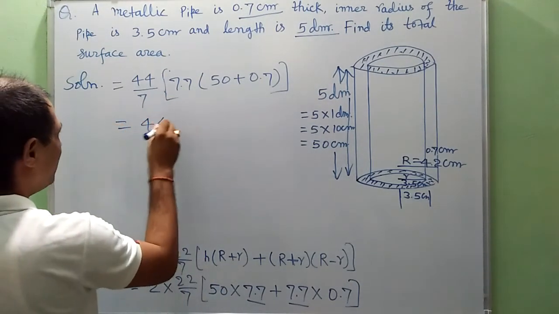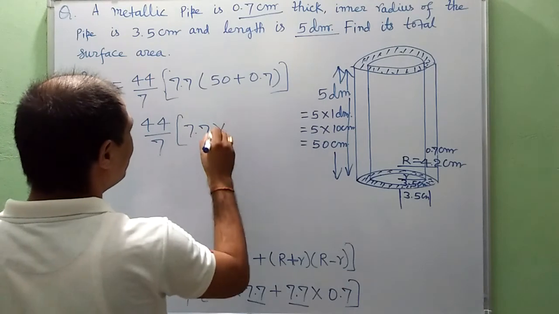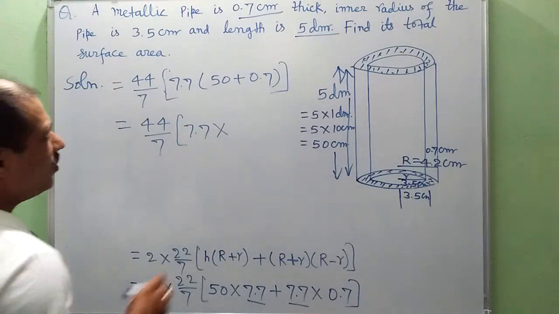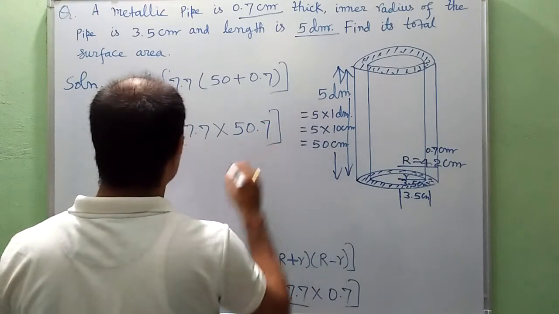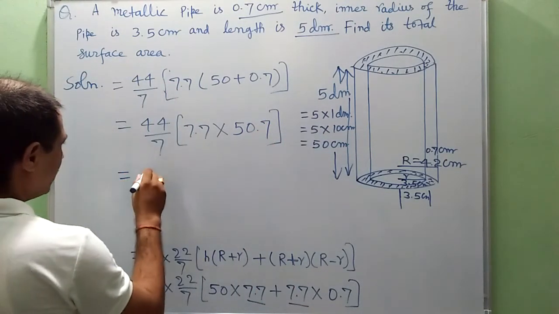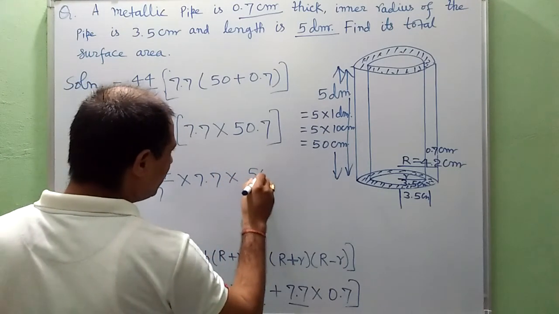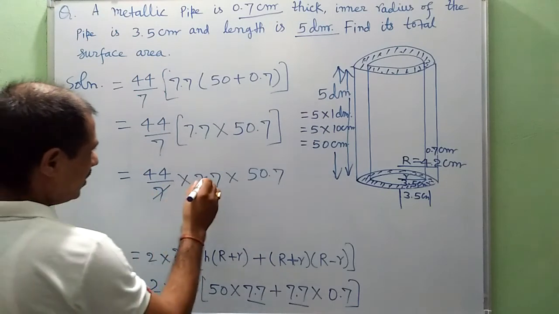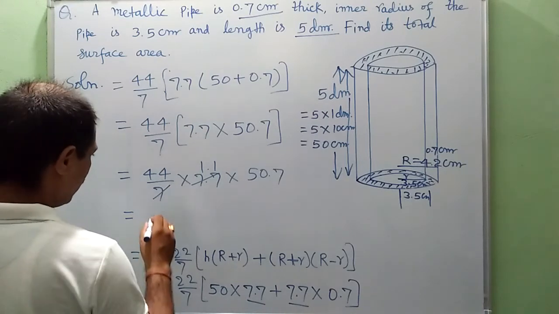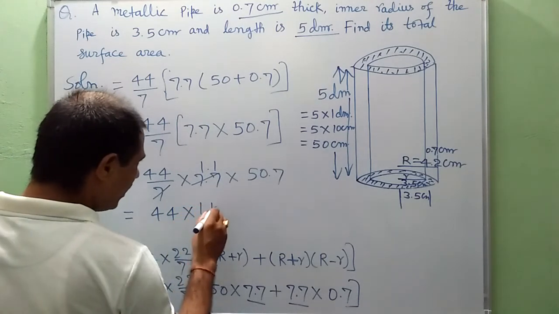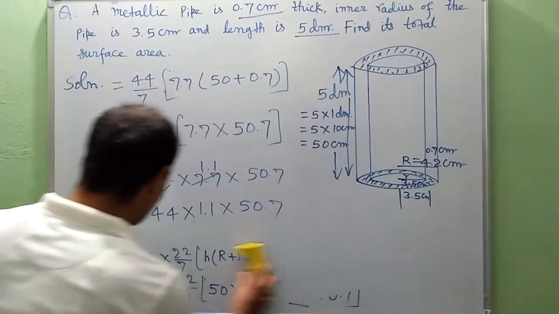It will be 44 by 7 into 7.7 into 50.7. 7 cancels, 1.1. 44 into 1.1 into 50.7. This is total surface area.